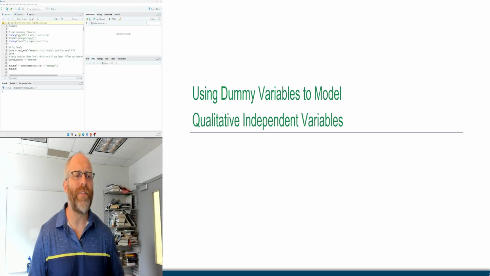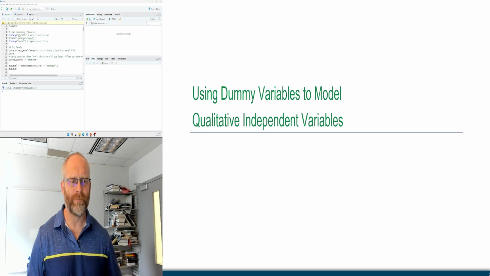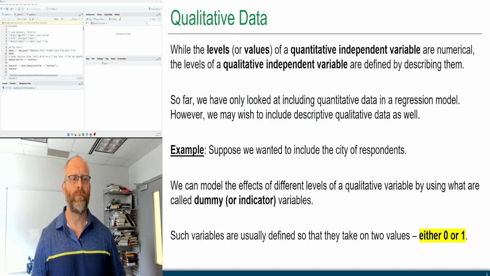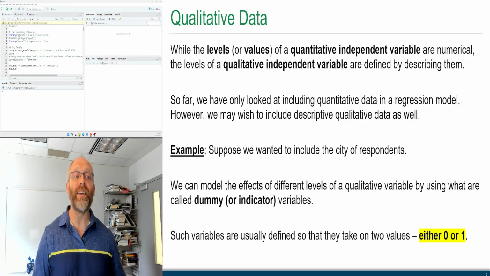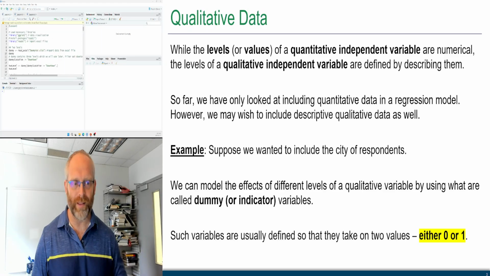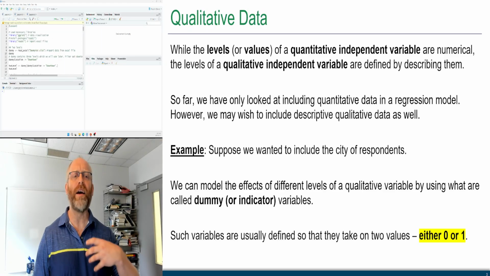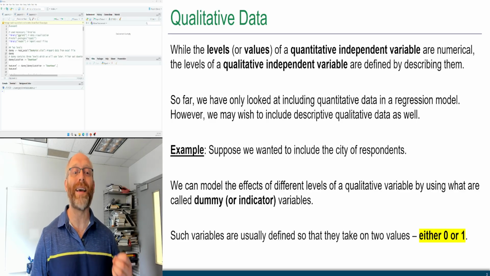All right, so using dummy variables to model qualitative or categorical independent variables. While the levels or values of quantitative independent variables are numerical, the levels of qualitative independent variables are defined by describing them. So again, in the numerical data that we have, we can do basic arithmetic. Those sort of things make sense.